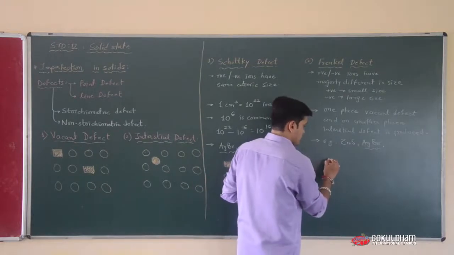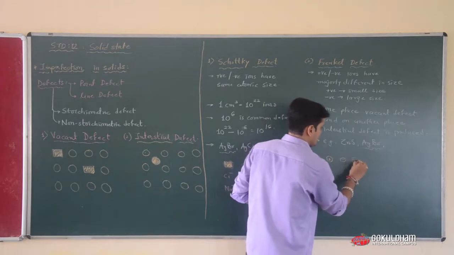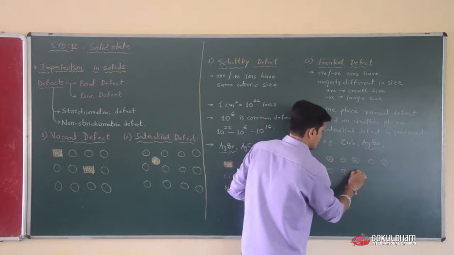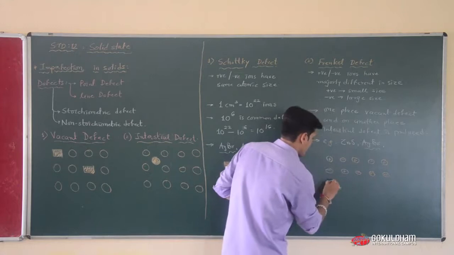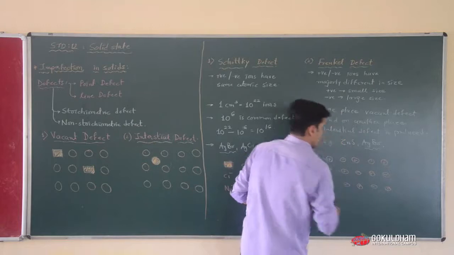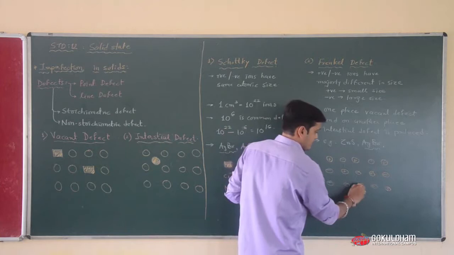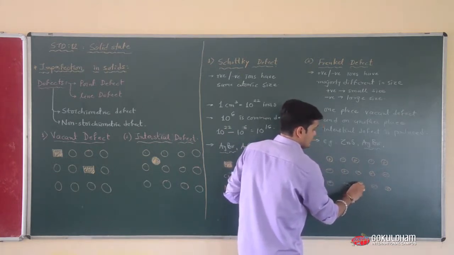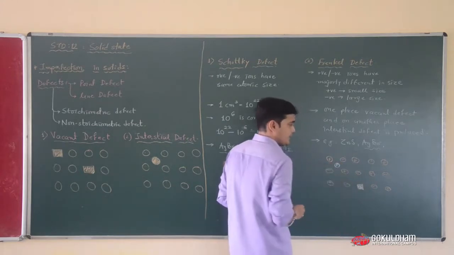In Frenkel defect, positive and negative ions are arranged. This positive ion is traveling through this solid and arranged in an interstitial site over here.